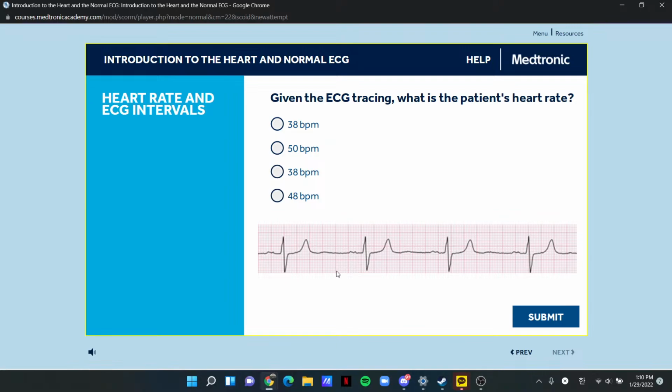It's 200. 200 times 6 is 1,200. 1,280. So 47.